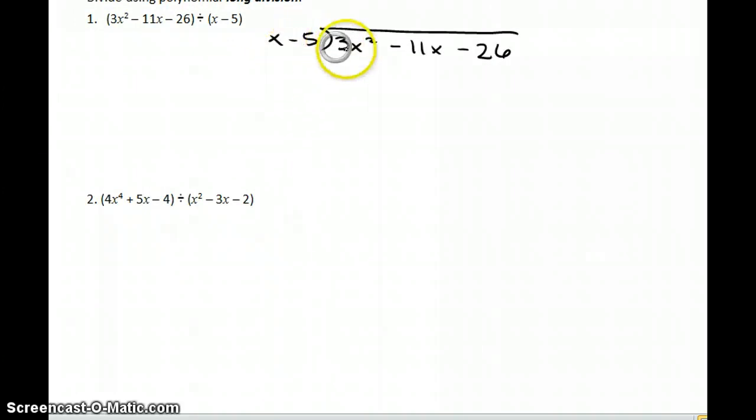So what are my first terms? Well, my first term here is 3x squared, and my first term for here is x. So when I divide those two terms, I'm going to get, well, 1 goes into 3 times, and then when I'm dividing and they have the same base, I'm going to subtract the exponents. So x to the first power, but really we don't write that, so it's just going to be 3x.